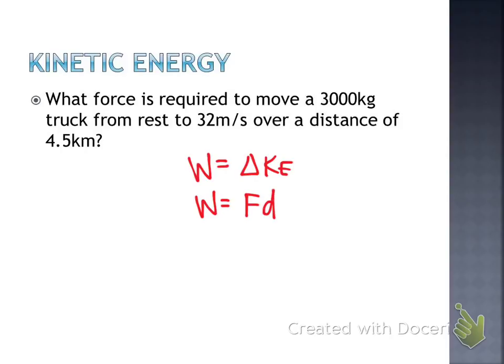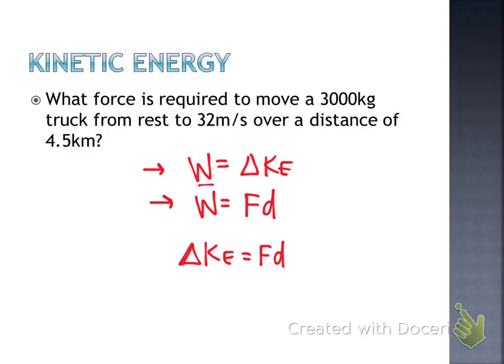What can happen algebraically if we have two equations set equal to the same thing? They can equal each other. Okay? So we would just take change in kinetic energy equals force times displacement, right? And you can do it in 2 steps. You could solve for work first and then go through and solve for your force. That's fine. But if you are okay with combining it into one equation, like at the beginning, that's great.